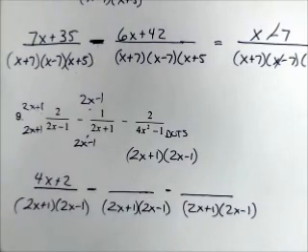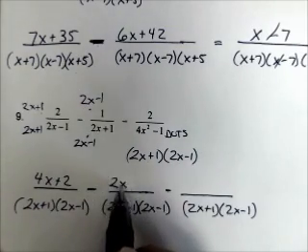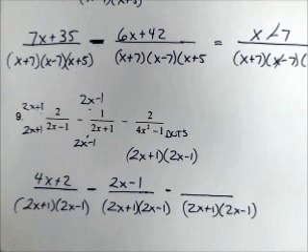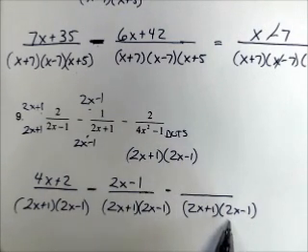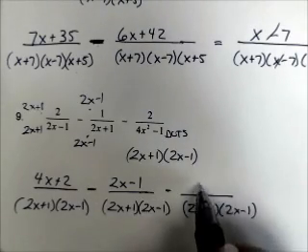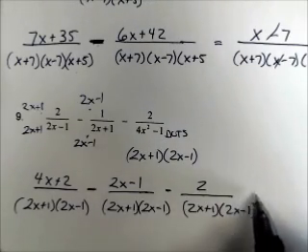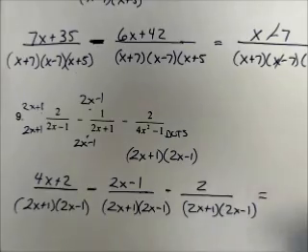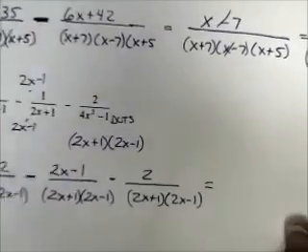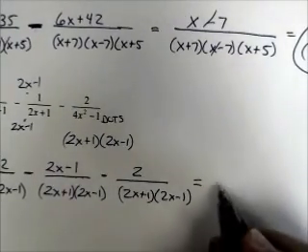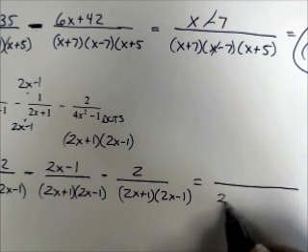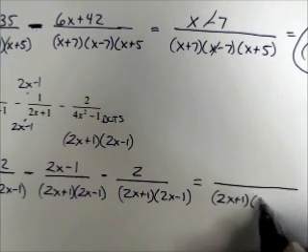Again, same to the numerator. 2x minus 1. And our third one already has that as a denominator, so bring down the numerator of 2. Copy our denominator. 2x plus 1 times 2x minus 1.